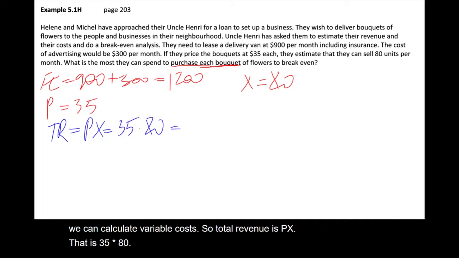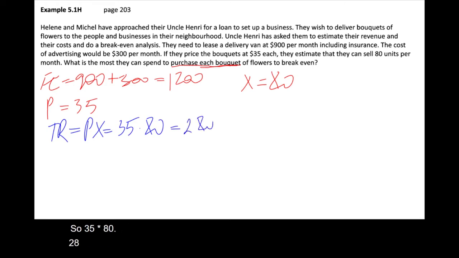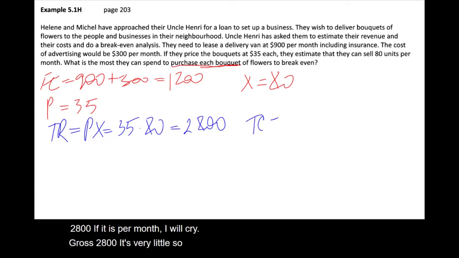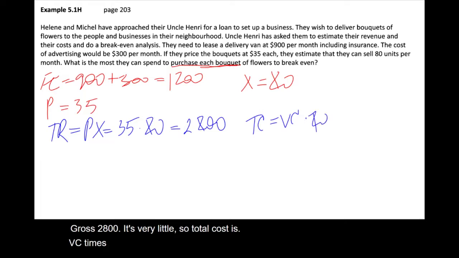So 35 times 80, 2800. If it is per month, I will cry, right? Gross 2800. It's very little. So total cost is VC times 80, right? Plus 1200.